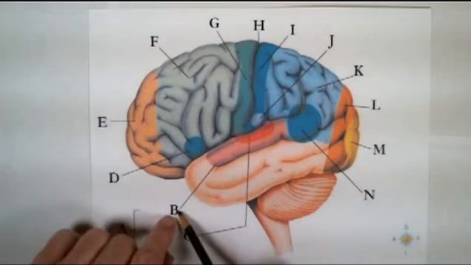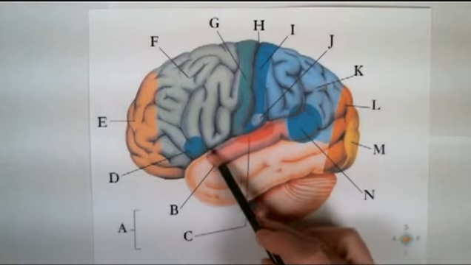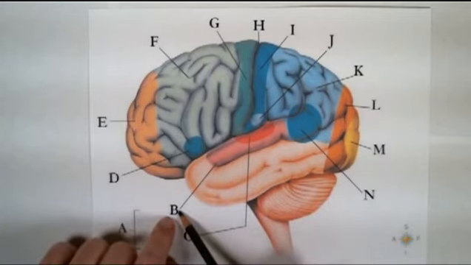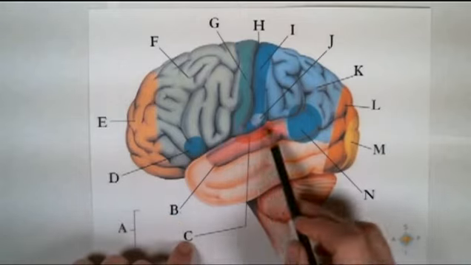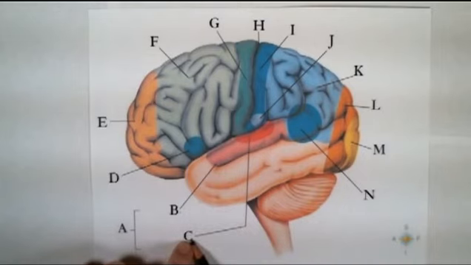So let's start here with the letter B, and the letter B is pointing to this section right here on the temporal lobe, and letter B then is the auditory association area. Letter C is just this darker pink part right here, so letter C is the primary auditory area.